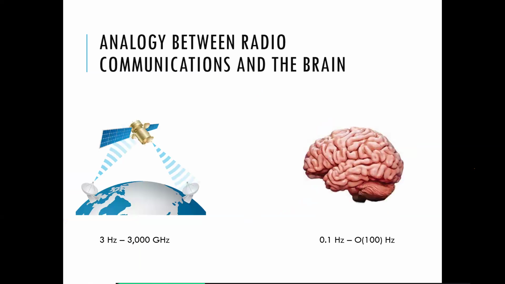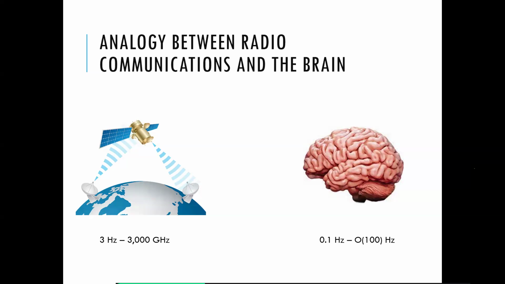The kind of picture of brain computation that all this points to is something like this. You can compare the brain's computations with radio communication. In radio communication, all communication happens inside the Earth's atmosphere, so you can only operate within a certain frequency range.